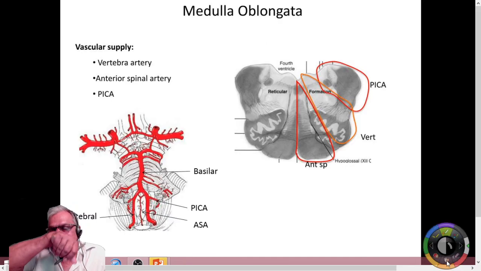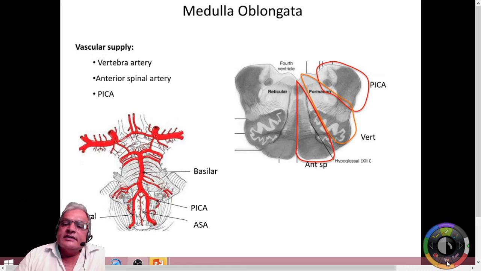So there's a picture of these arteries which supply the medulla oblongata, and then you can see the areas that are supplied by these arteries. You have the anterior spinal artery supplying here in the midline, the vertebral artery, and the posterior inferior cerebellar artery mainly supplying this structure. What was this? The inferior cerebellar peduncle as well as the trigeminal nucleus, isn't it? So that's what you see there.